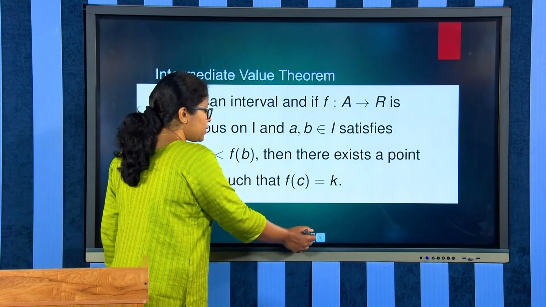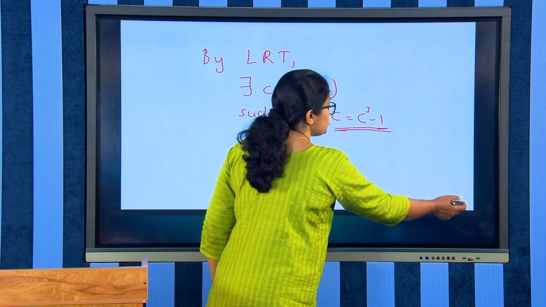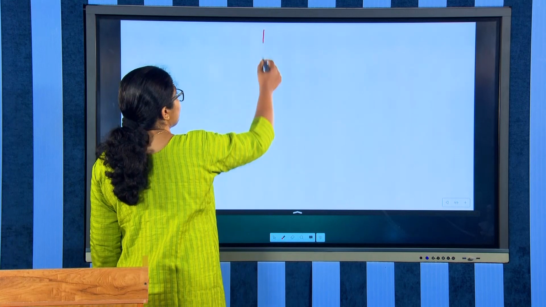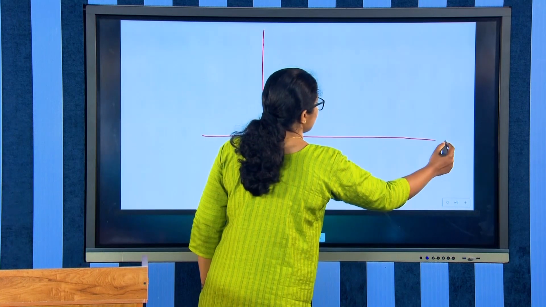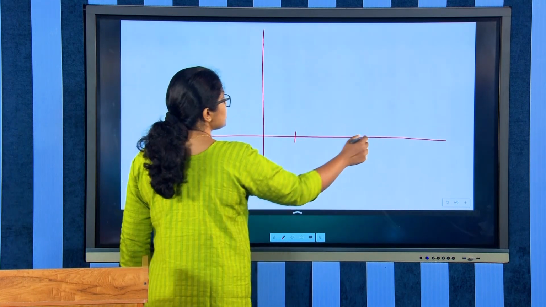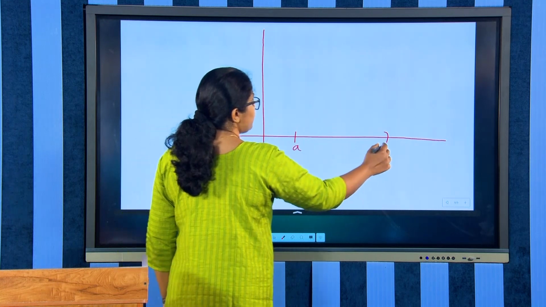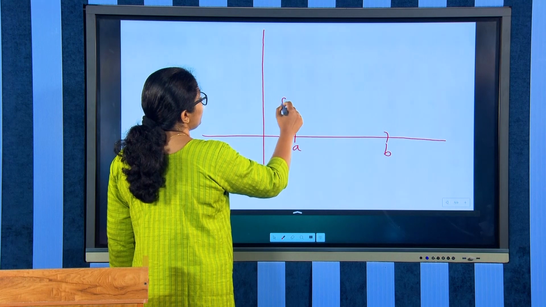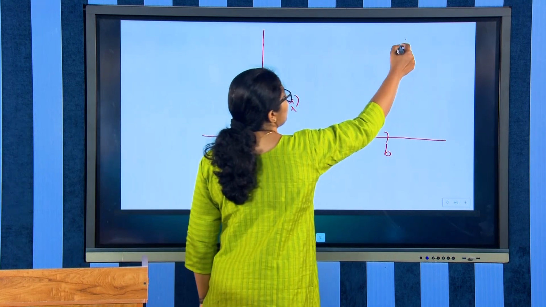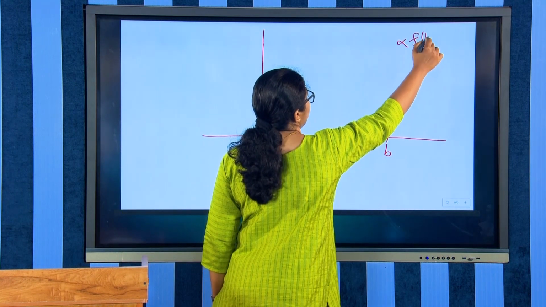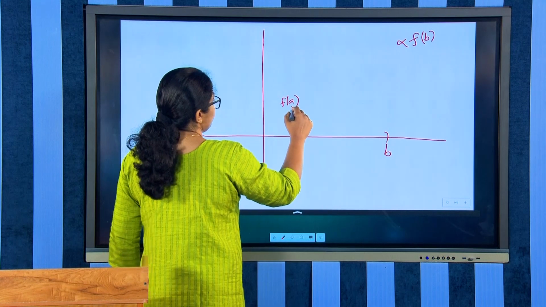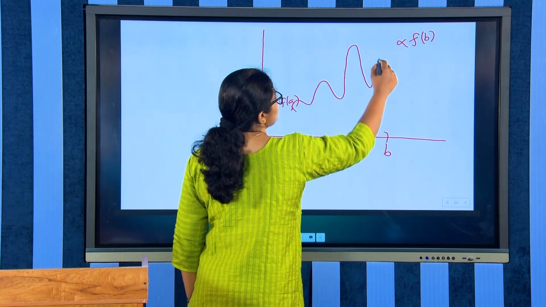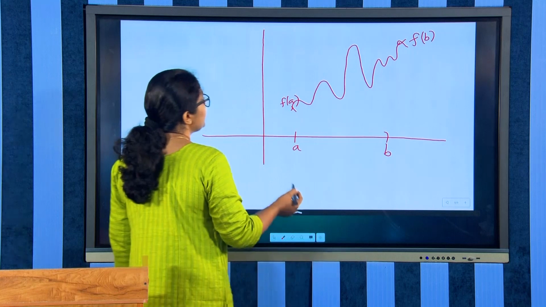That can also be geometrically visualized like this. Suppose this is the domain and this is some interval (a, b), and this is f of a and somewhere here is f of b, and you are given a continuous function of any shape.